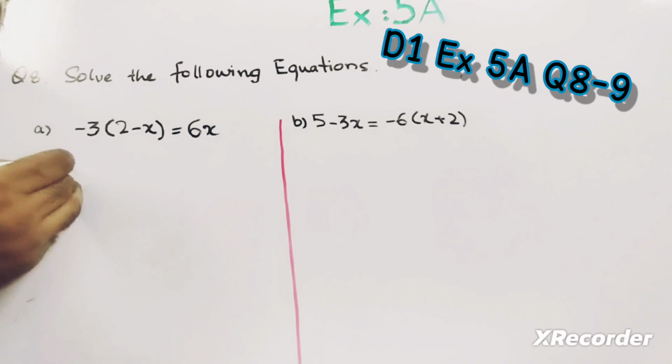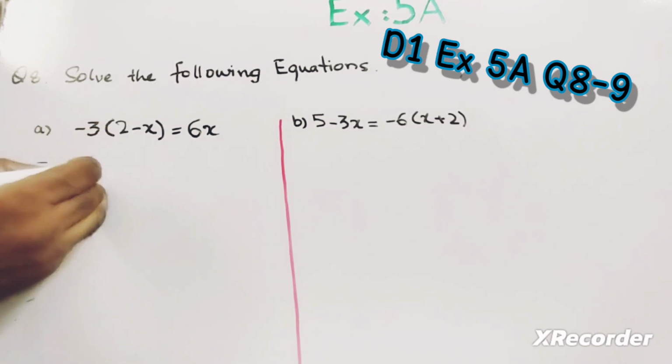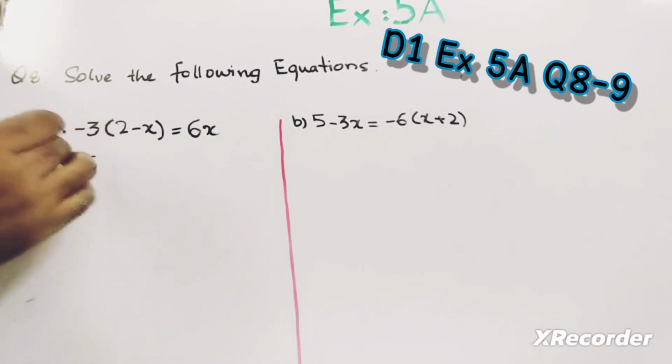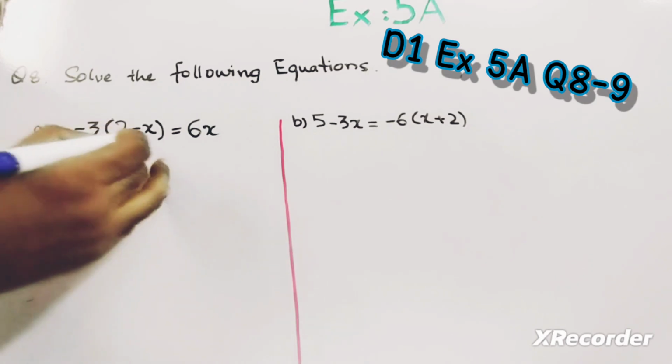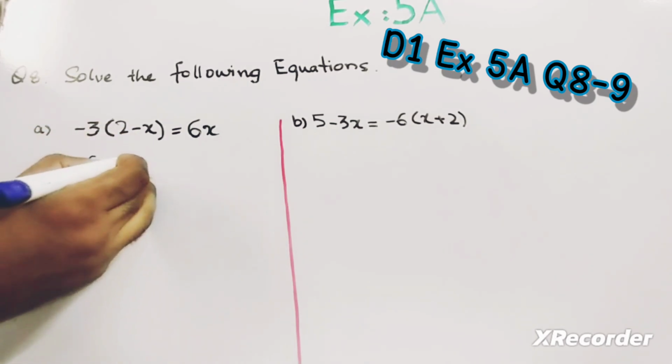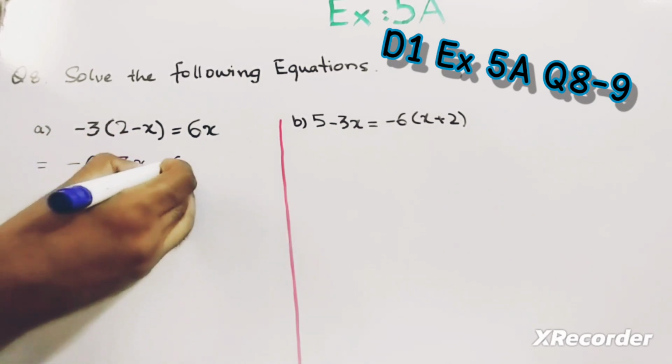Minus times plus 3 times 2 is minus 6. Minus times minus 3 times x is plus 3x, is equal to 6x.